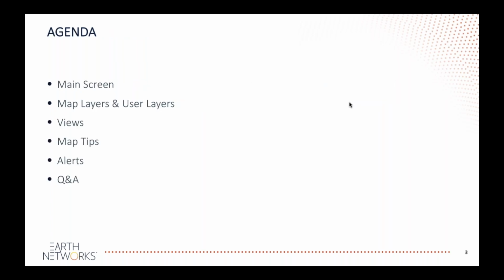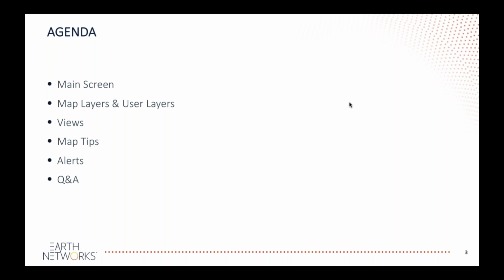So today's agenda will cover an overview and orientation to the Sferic Maps product for severe weather visualization and alerting. We'll cover a bunch of topics: general orientation around the main screen, what it looks like and what the major functions available are. I'll talk about map layers and user layers, the difference between them, how to find them, and how to customize them.